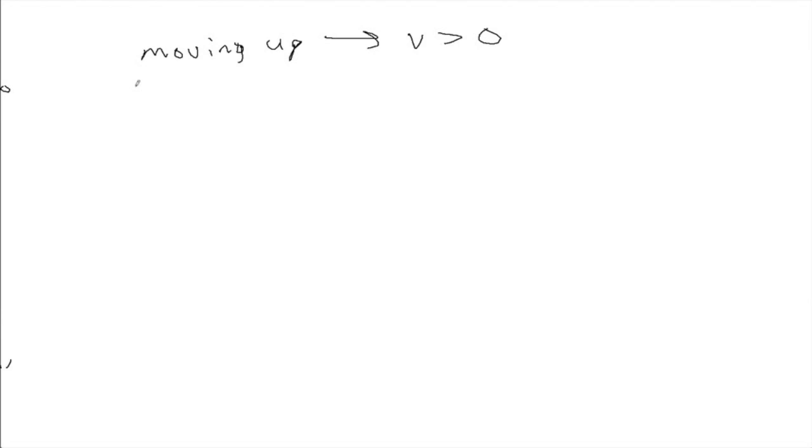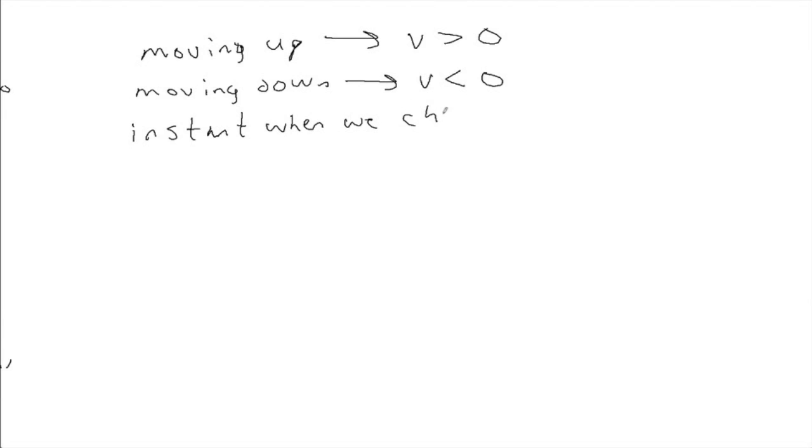What's going to happen when we're moving down? Our velocity is going to be negative. That's right, if we assume up is our positive direction. Now, what about when we shift from up to down, or from down to up? There's going to be one instant when we're changing direction. That's the top, or the bottom, good.